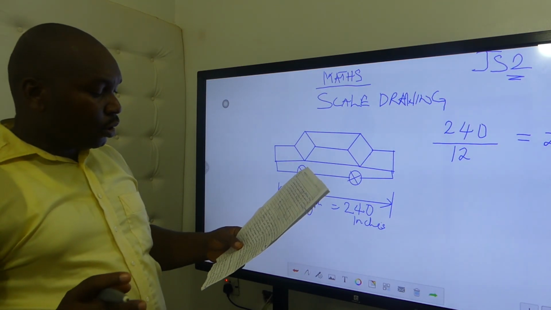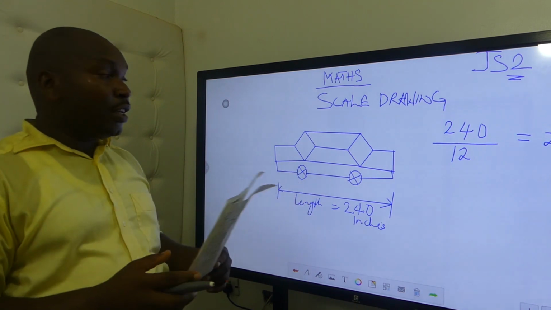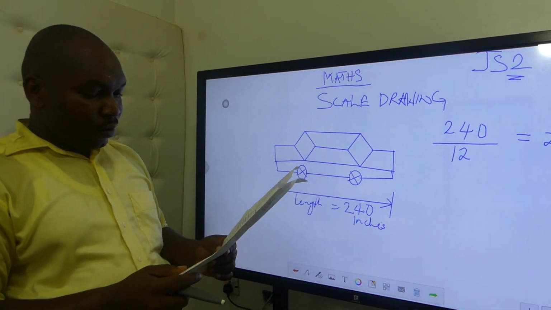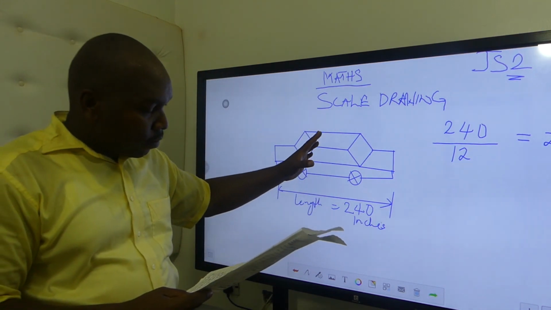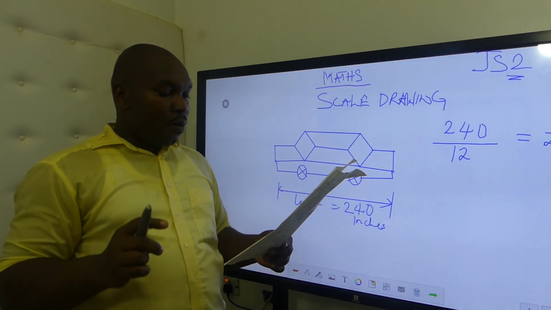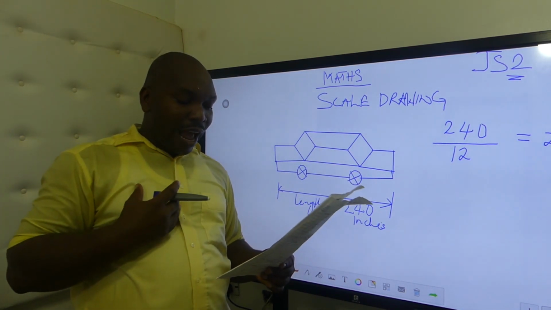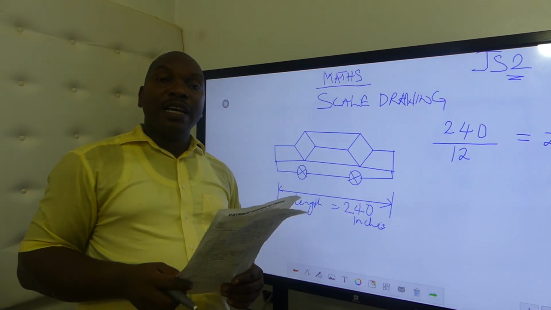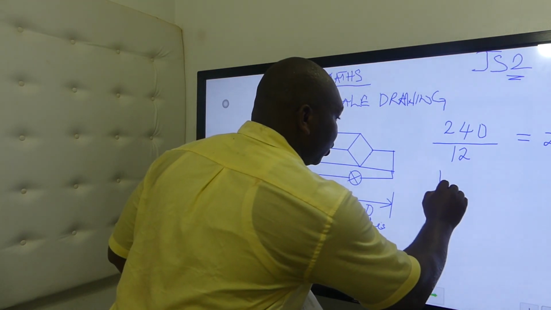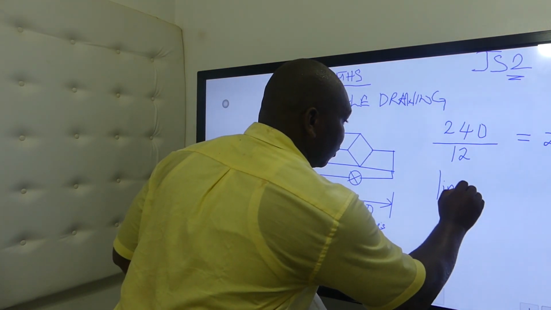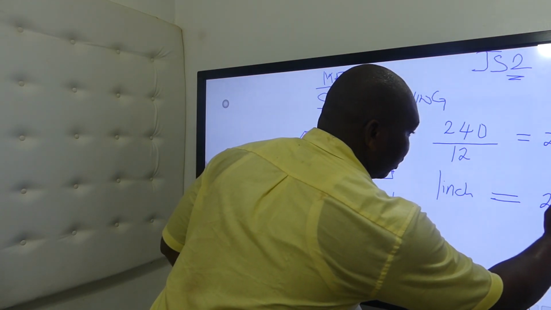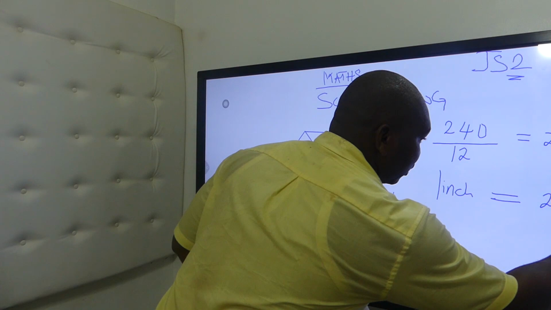In order to use just one sheet, instead of using 20, to draw this car, we have to say that 1 inch in our diagram is going to represent 20 inches.